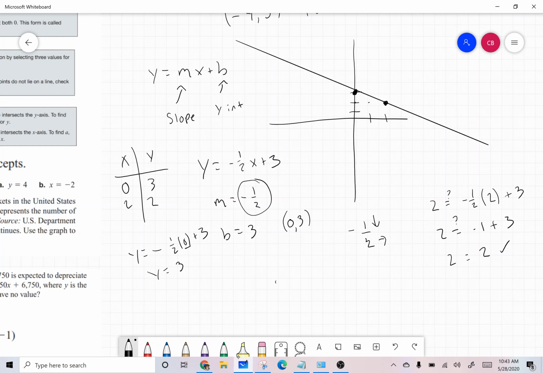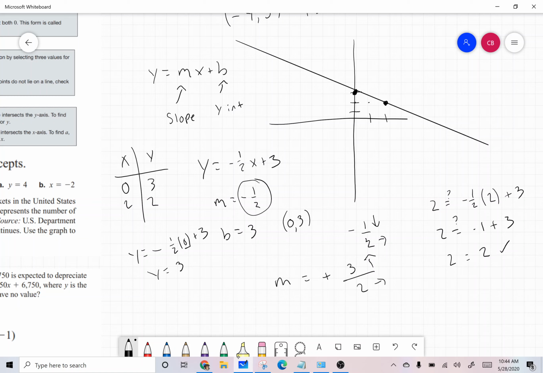What I recommend is m, whatever is on top, this is how many up, and this is how many to the right. The bottom number is always to the right, although you can go to the left and do the opposite of what you did for the first one. That might be confusing, but let's look at the same one.